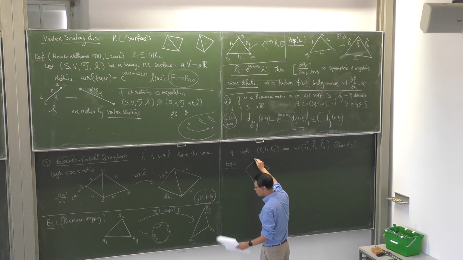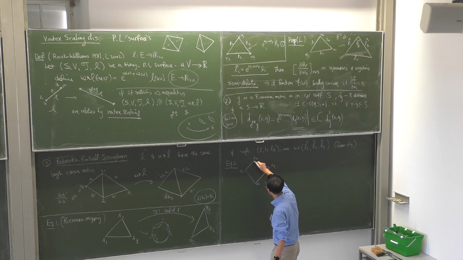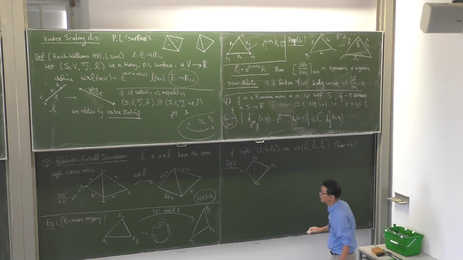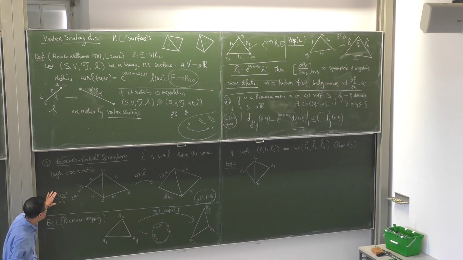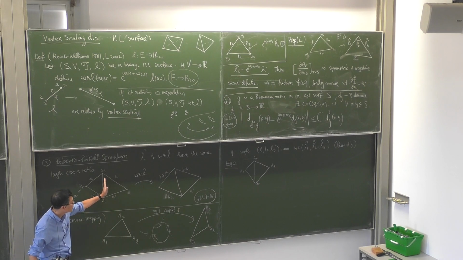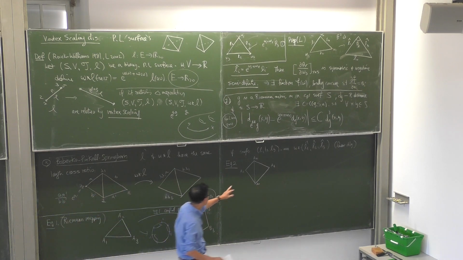So you have now a quadrilateral. I'm going to call this A1, A2, A3, A4. Usually we put a triangulation here to indicate, you see, when you try to define this cross ratio, you always need to say which side is in the numerator and which side is in the denominator, and this diagonal tells you so. So I'm going to put that.